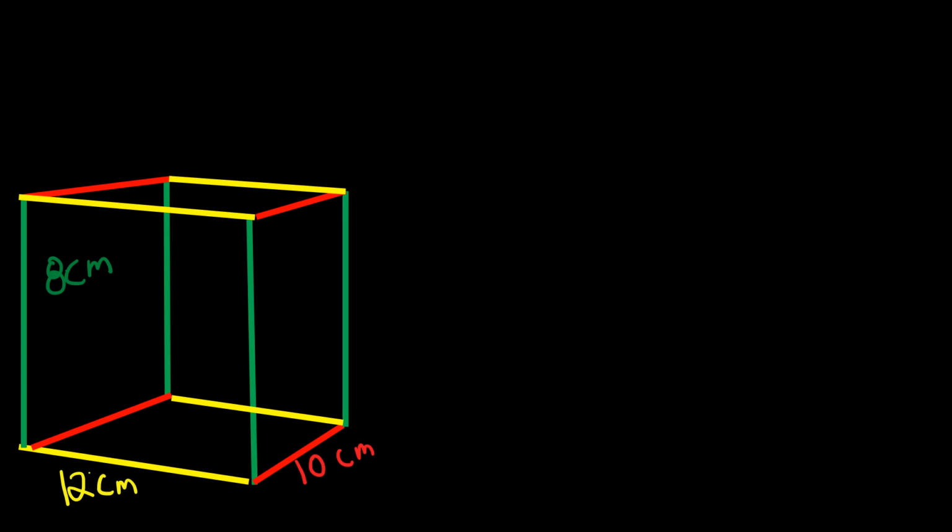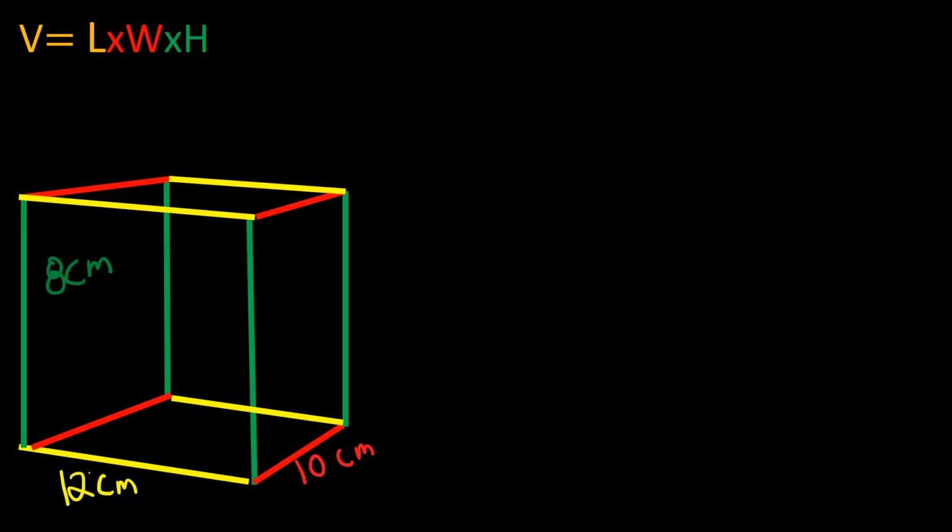Let's say we have this box and we want to calculate the volume. It has a length of 12 centimeters, a width of 10 centimeters, and a height of 8 centimeters. To calculate volume, we need the equation volume equals length times width times height.